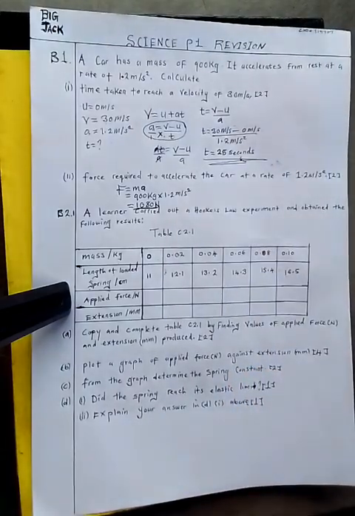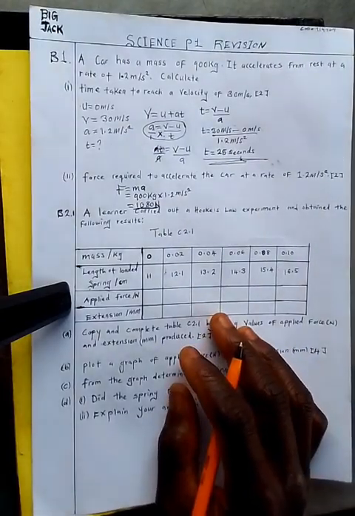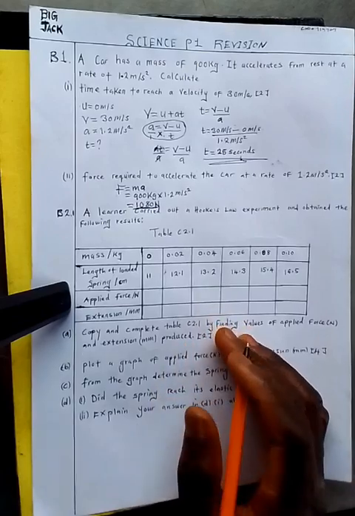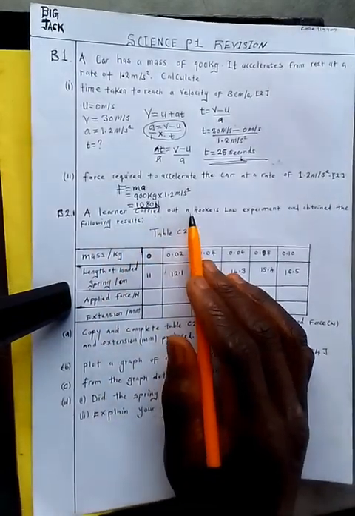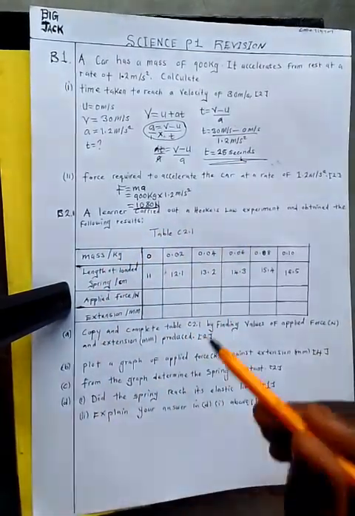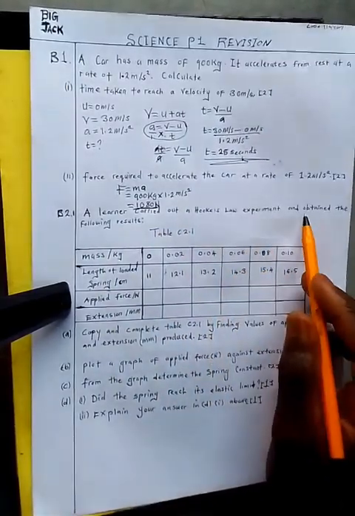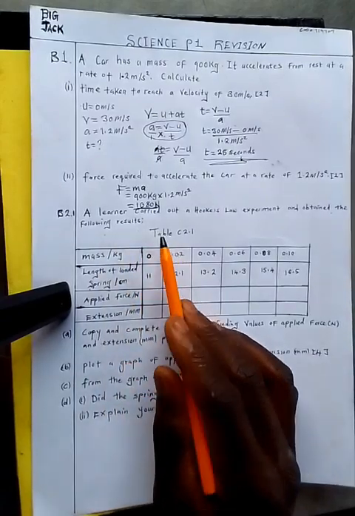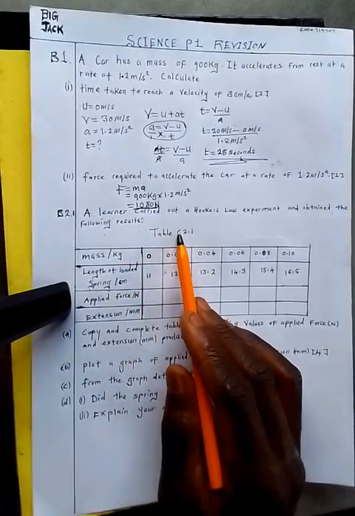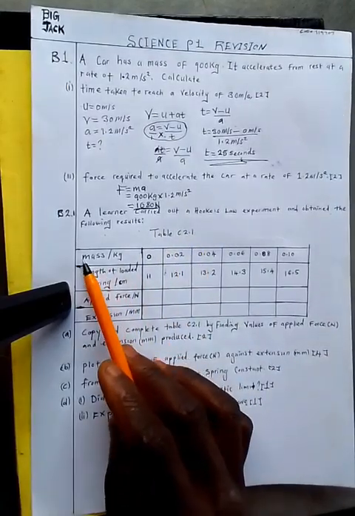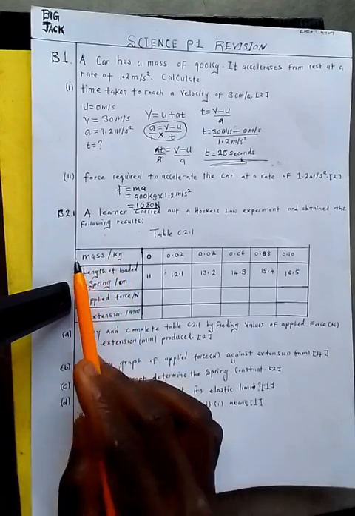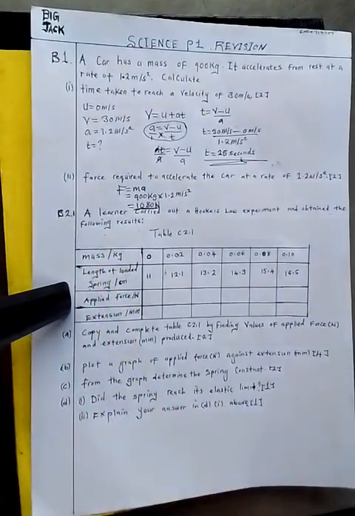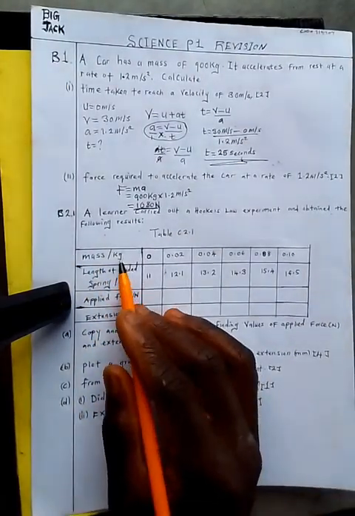Okay, let's proceed with question 2b, which is saying a learner carried out a Hooke's law experiment and obtained the following results. So we have table C2.1, and for the first line we have the mass in kgs.